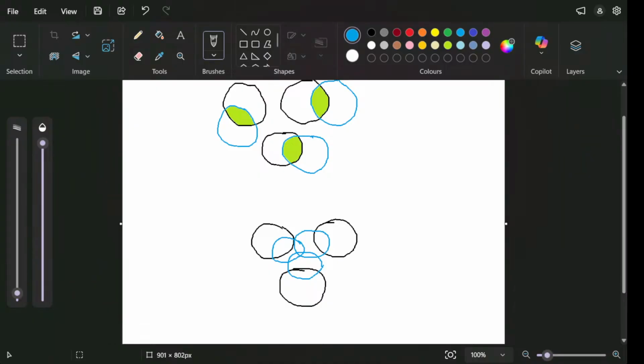So the parts in H over that are the ones that overlap, right? So it'll be like this and this and this. And then we have anything in F that intersects with the intersection of G. Well, the intersection of G would be this.